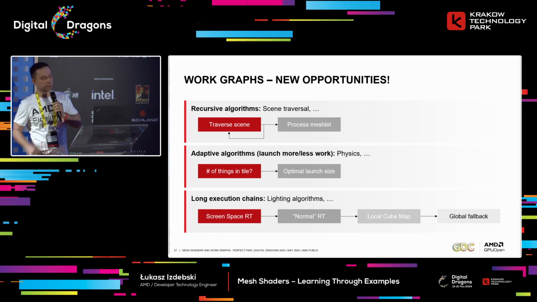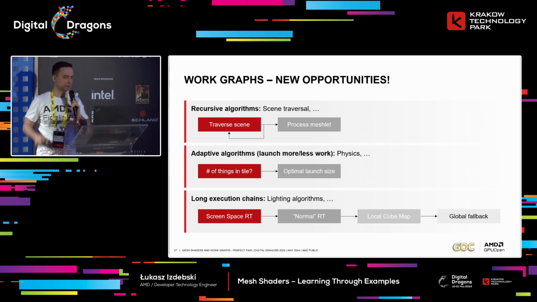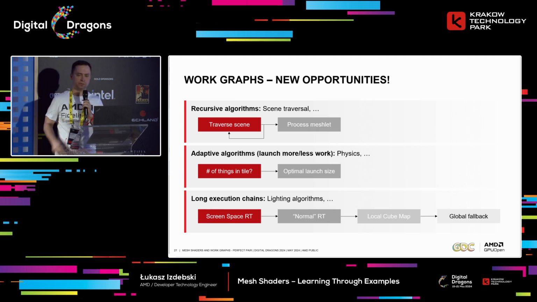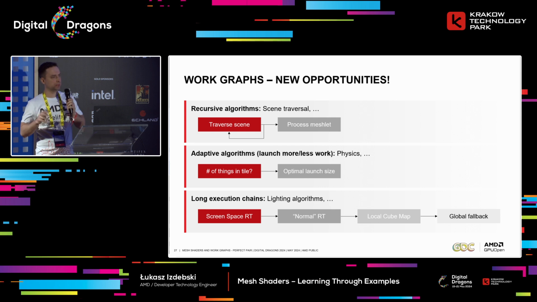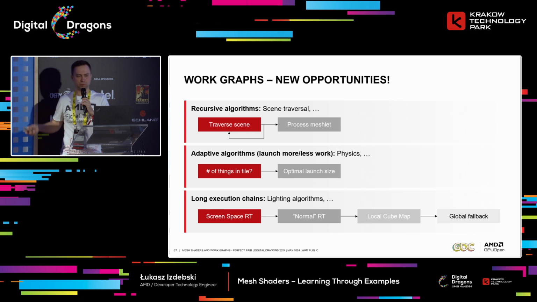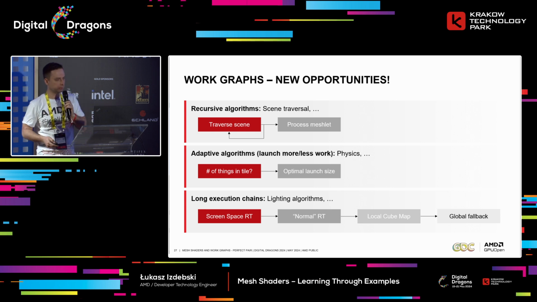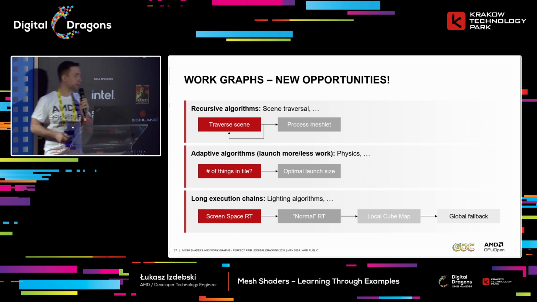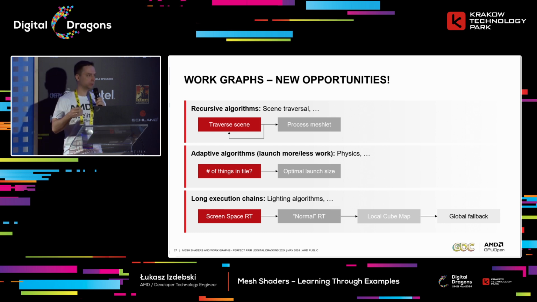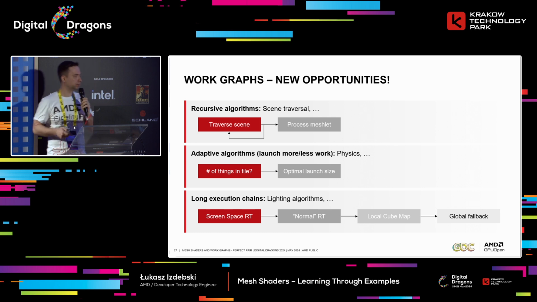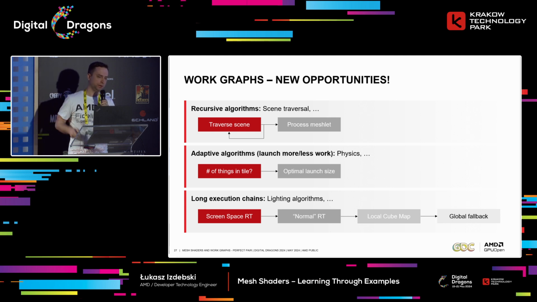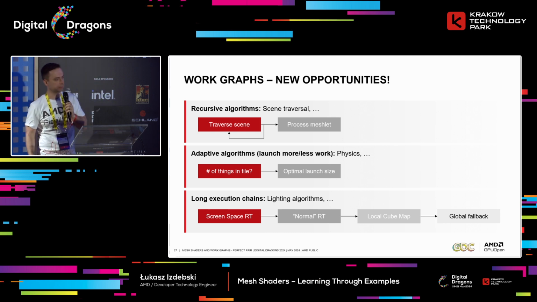For example, with screen space reflection, very often a lot of pixels finish much earlier than others. In the traditional way, you need to wait for all pixels to finish. Work graphs can do better load balancing, and can spawn the next pass even if a different region is still doing the previous step.